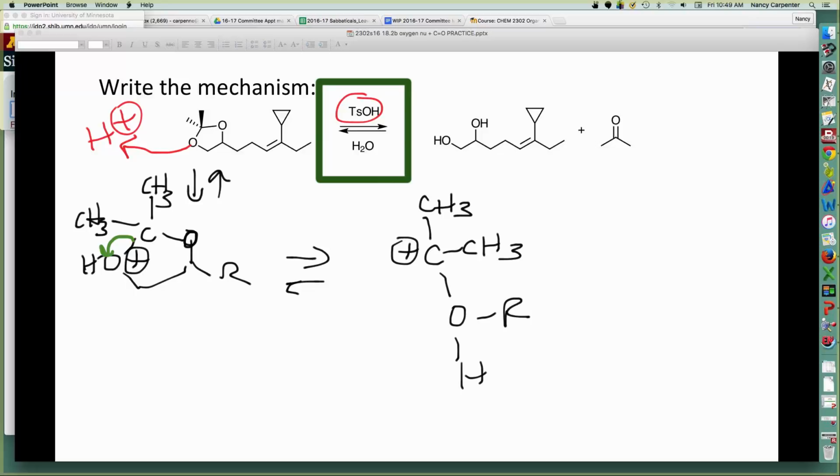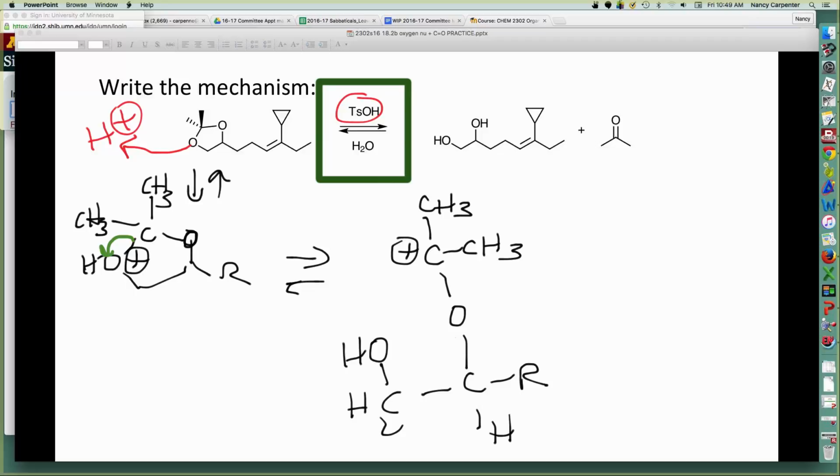And, oops, I think I've got a few too many atoms here. Okay, let's erase this and get this straight. There we go. Look at that. It's not only tertiary, but it can be stabilized by resonance. Love it.